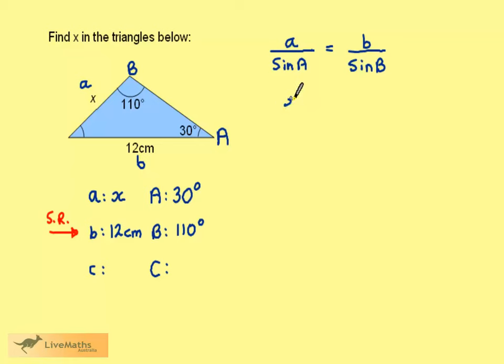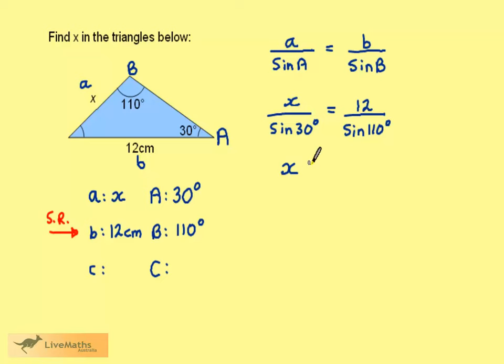Substituting in, we have x over the sine of 30 degrees is equal to 12 divided by the sine of 110 degrees. We can rearrange this.